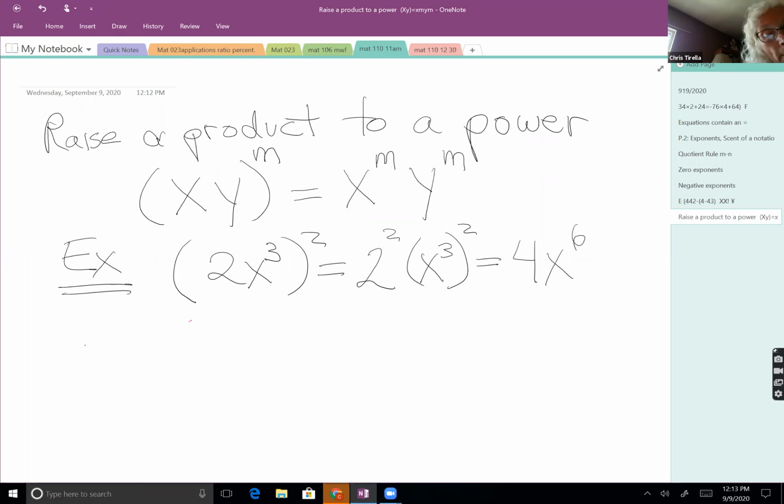And then one more. This is a fun one. If I have x to the third, y to the negative second, z, in parentheses, all being raised to the negative fourth.